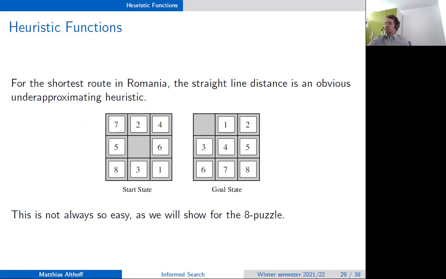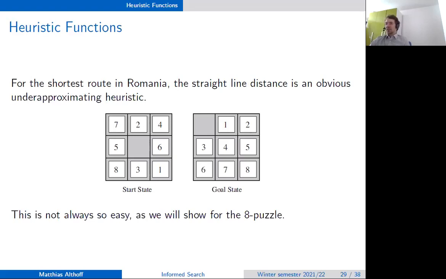So we already discussed the two informed search techniques that I wanted to discuss today. And as you've seen, if you would have a perfect heuristic, we would directly find the best path. So this I think already shows the importance of a good heuristic.